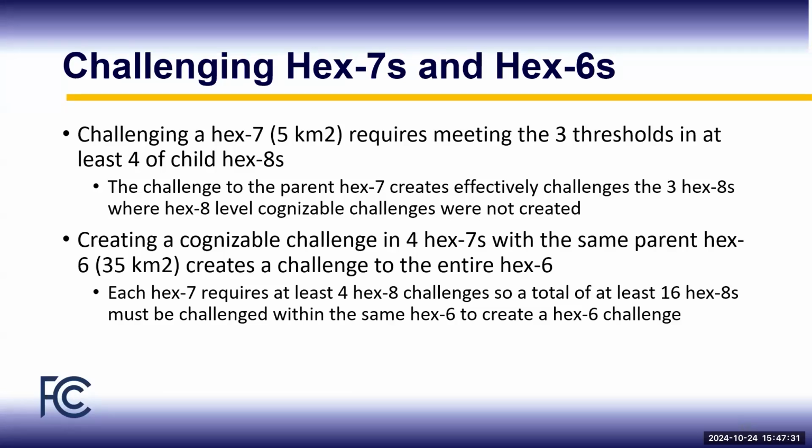To challenge a hex 6, at least 4 of its child hex 7s must be challenged, which means that at least 16 of the grandchild hex 8s must be challenged. Therefore, the area of 49 hex 8s, or about 36 square kilometers, may be challenged by creating cognizable challenges to just 16 of the child hex 8s. Next slide, please.